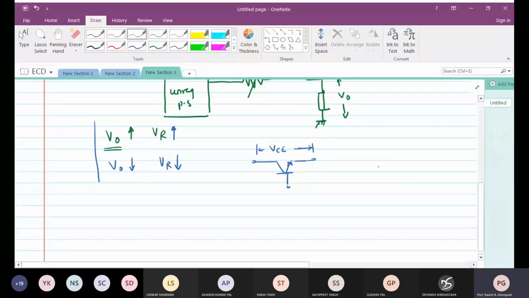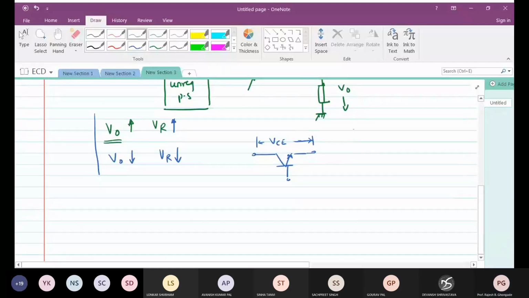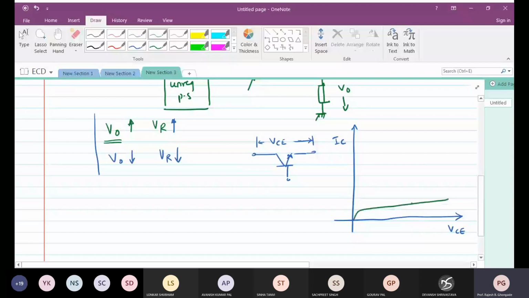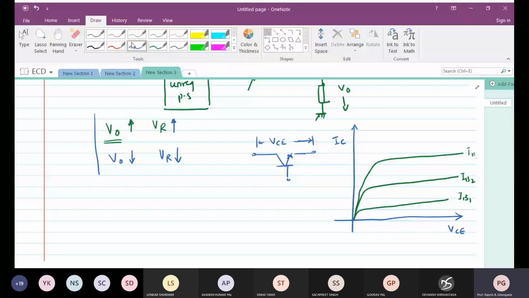If you look at the output characteristics of the transistor, namely the IC versus VCE curve, you have characteristics like this. This is IB1, let us say this is IB2, this is IB3, and we already know the concept of load line.